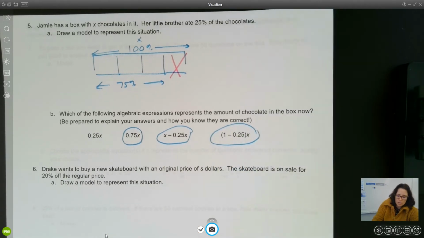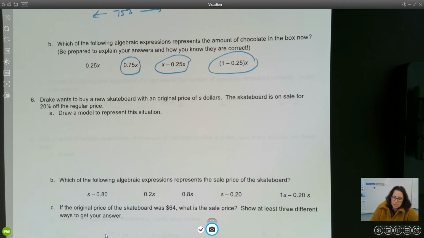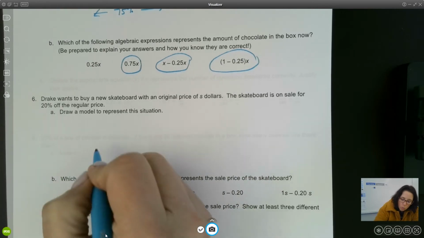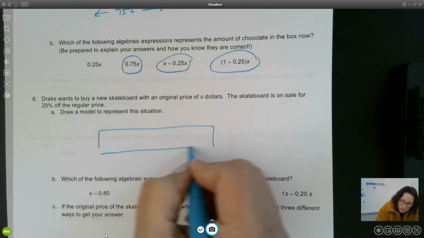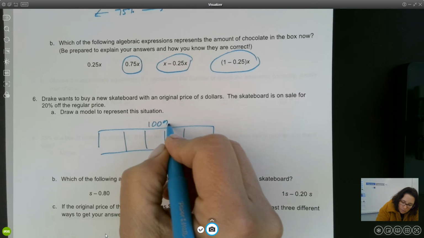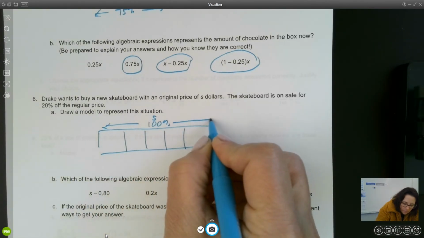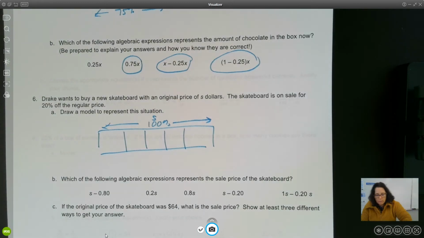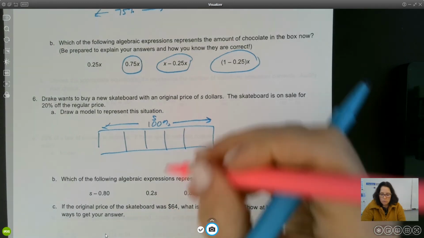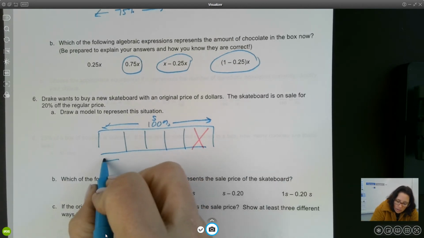Okay, number 6. Jake wants to buy a new skateboard with an original price of $S. The skateboard is on sale for 20% off the regular price. Okay, 20%, we're looking at 5 boxes. 2, 3, 4, 5. This is 100% S, the whole thing. Okay, now 20% off, each box is 20%, so we're going to be getting rid of one box.